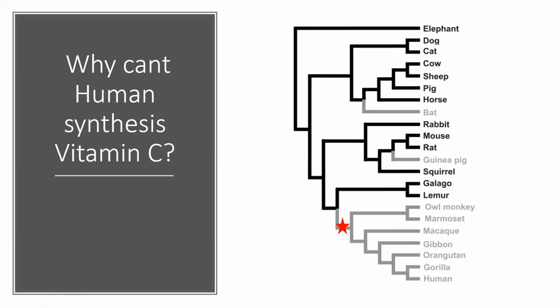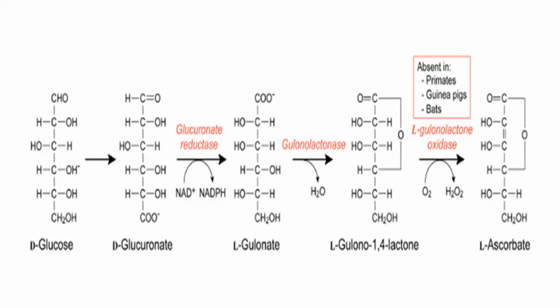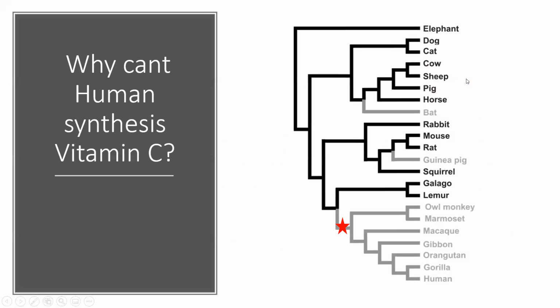In each step of a biosynthetic pathway, a substrate is converted to a product in a reaction catalyzed by an enzyme, right? Humans lack the gene coding for L-gluconolactone oxidase, the last enzyme involved in the animal biosynthetic pathway of this vitamin, as we can see here. That does the conversion of L-gluconolactone into ascorbic acid.